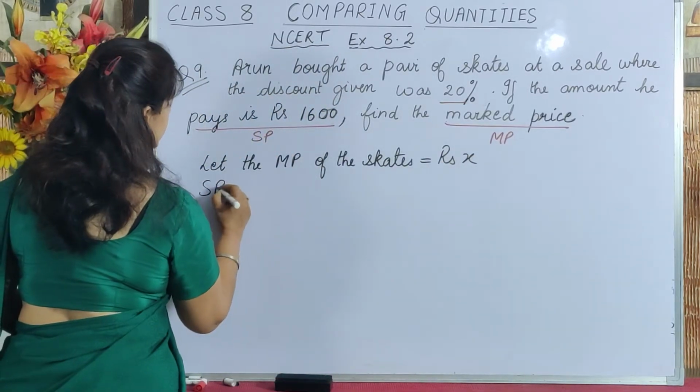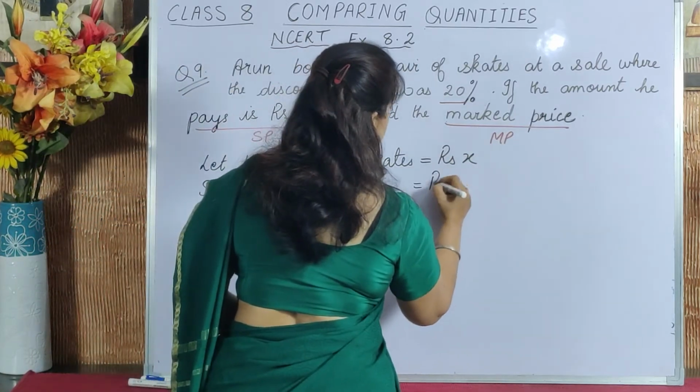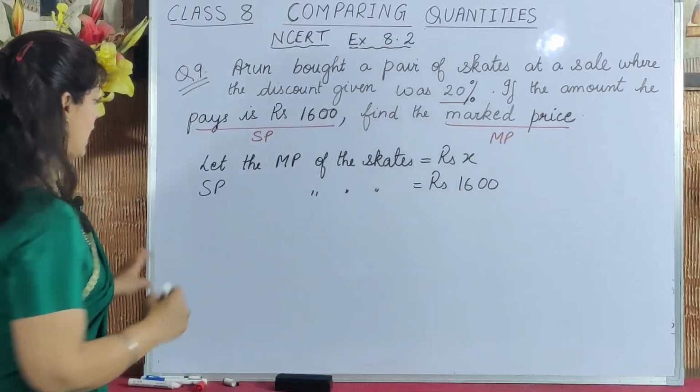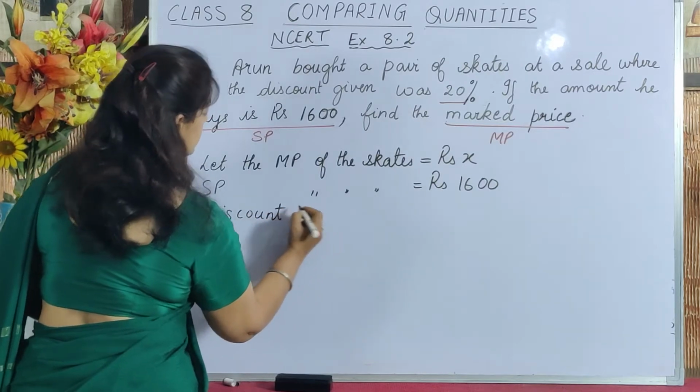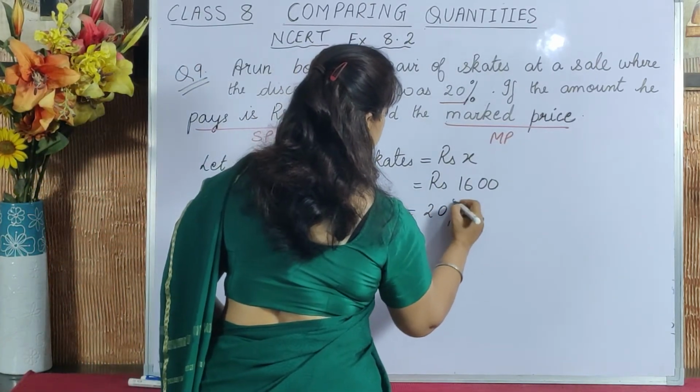The sale price of the skates. Sale price of the skates is rupees 1,600. And the discount percent is given, which is 20%.